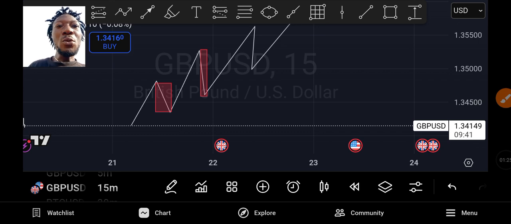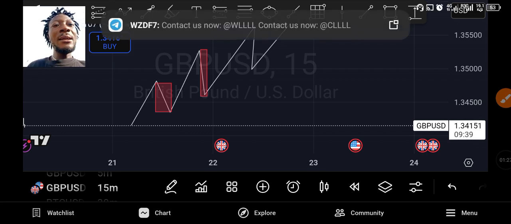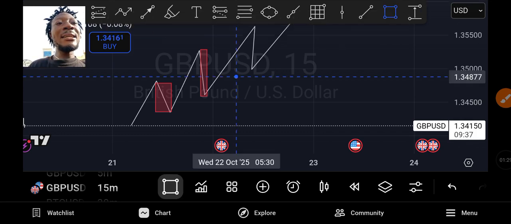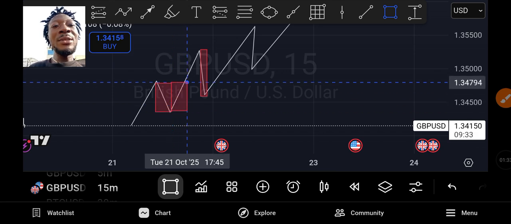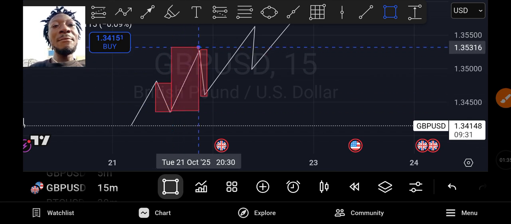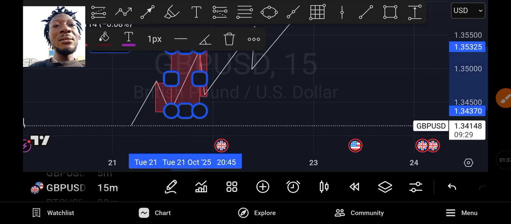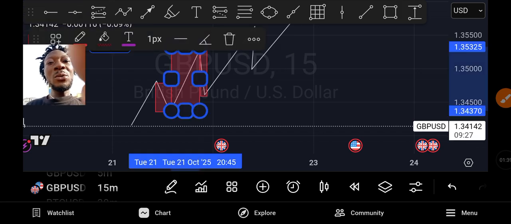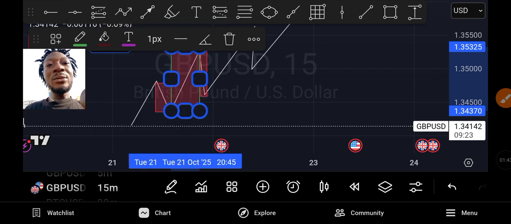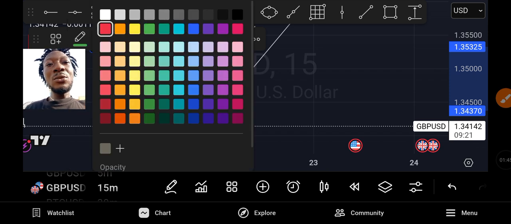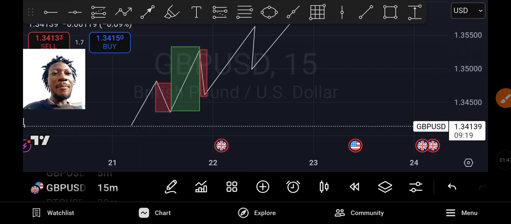These are what we call pullbacks. And since it is an uptrend, the original move is always bigger than the pullback. The original move is always bigger than the pullback.